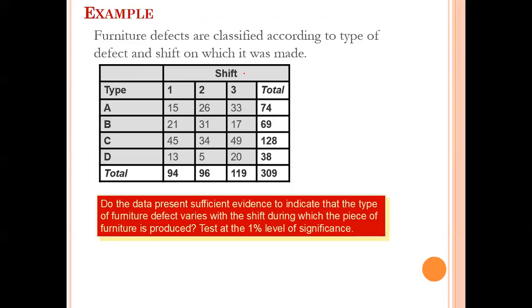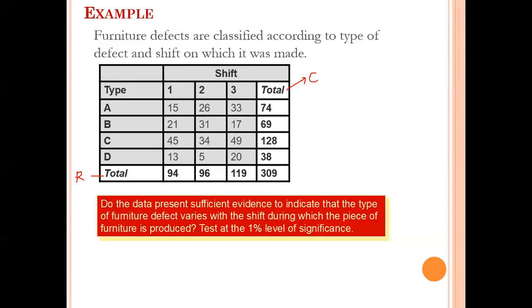Because in chi-square analysis of independence, we refer to the contingency table, which has the total cell count for row and column. So this total refers to the column, and this total cell count refers to the row.